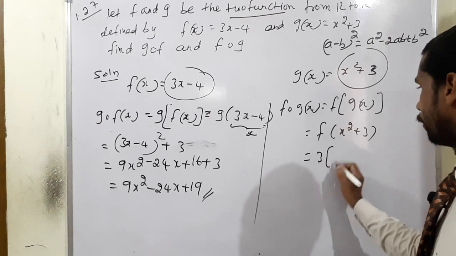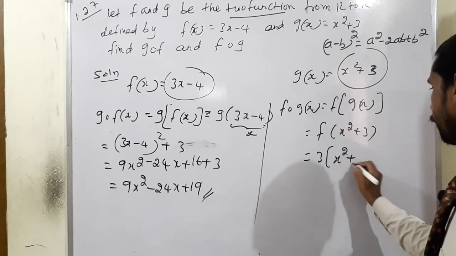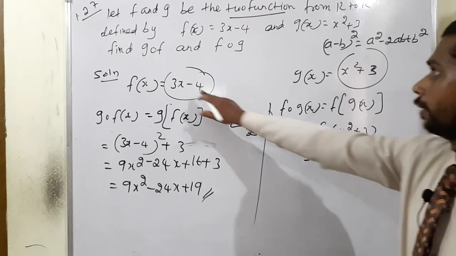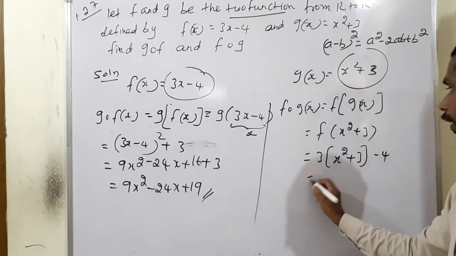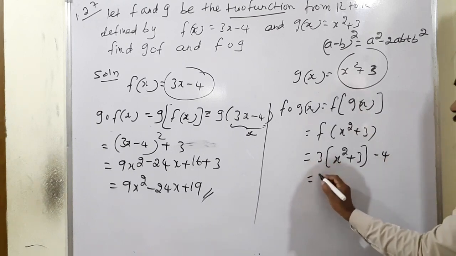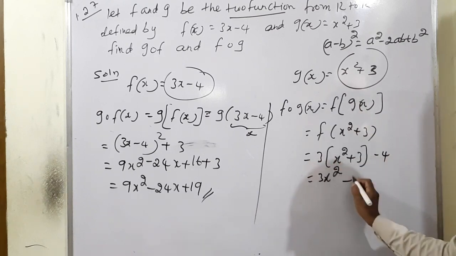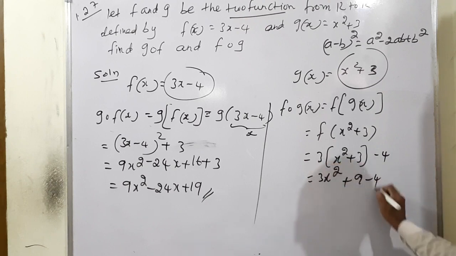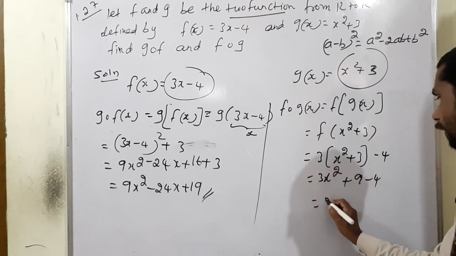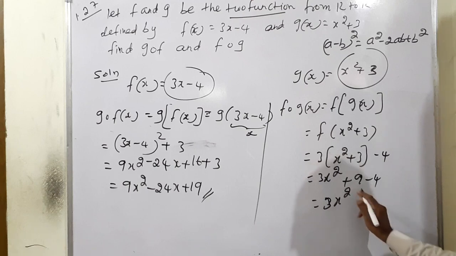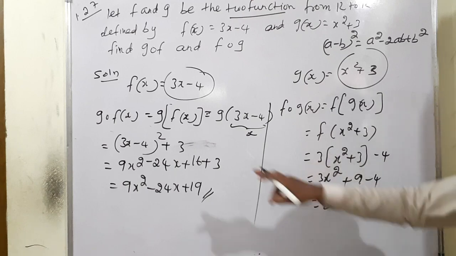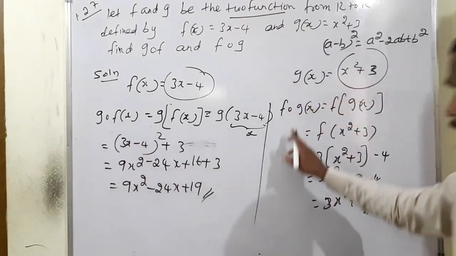Therefore, 3 into, instead of x we write x square plus 3, remaining minus 4 is there. If you remove the bracket, 3 into x square means 3x square plus 3 into 3 is 9, minus 4. Therefore, the final answer is 3x square plus 9 minus 4, which means plus 5. This is the answer. Okay, this is g dot f, this is f dot g.